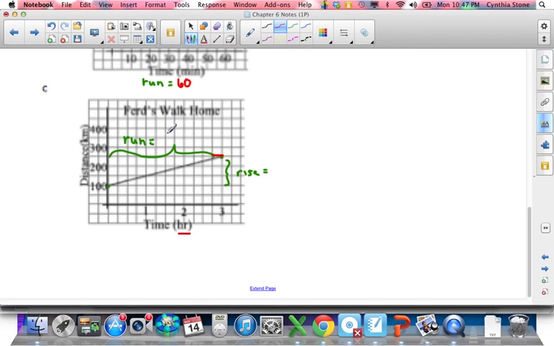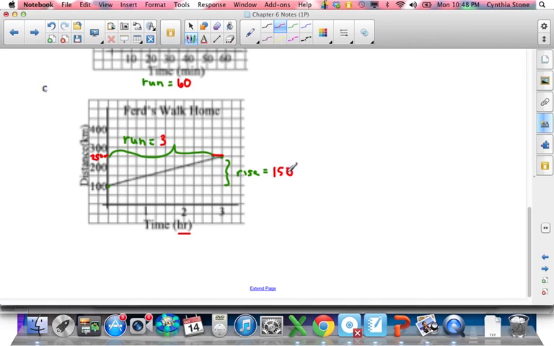That's my run. And my rise starts at 100, ends right here. It's going up by 100, so that must be 250. Starts there, goes up to there, so it goes up 100, 150. So the rise is 150.